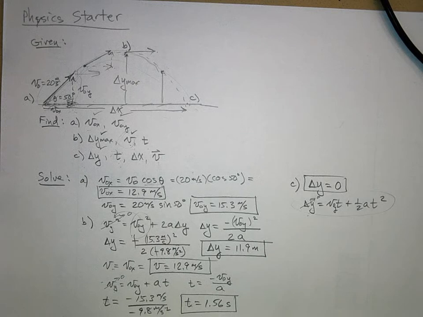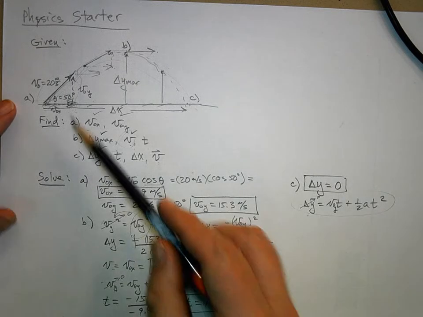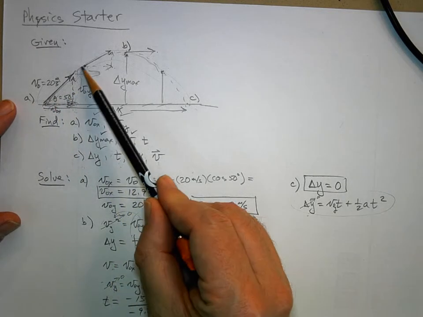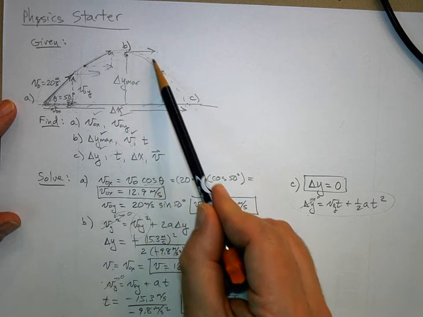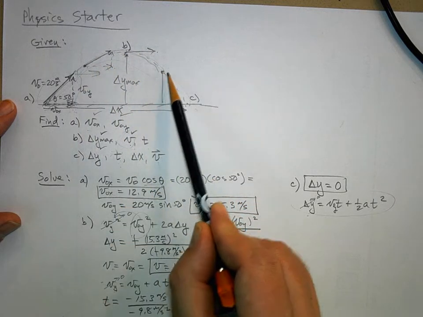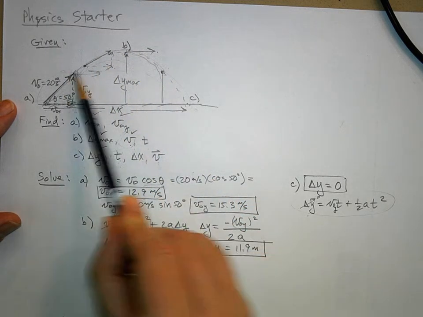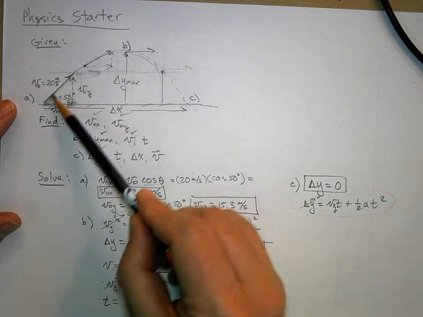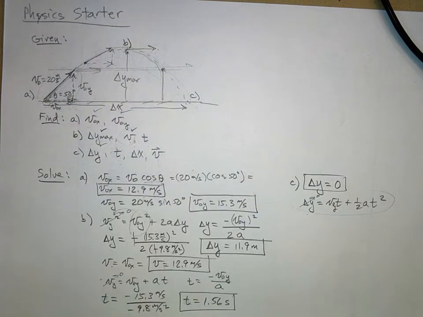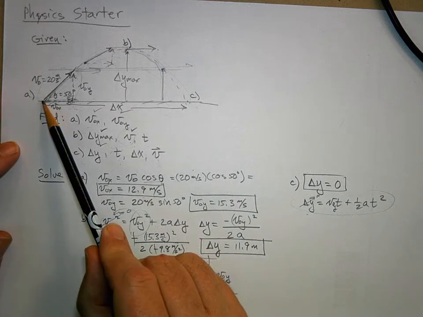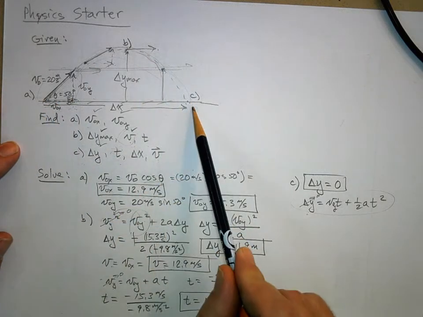Why would it give you 2 answers? Because if this is your delta y right here, there are 2 times where it's at that delta y: your first time and your second time. They'd both be valid.